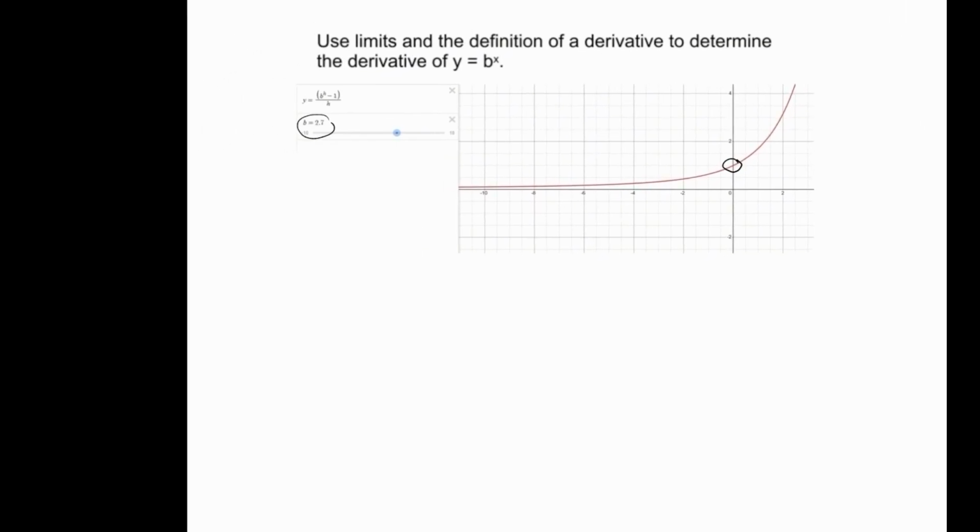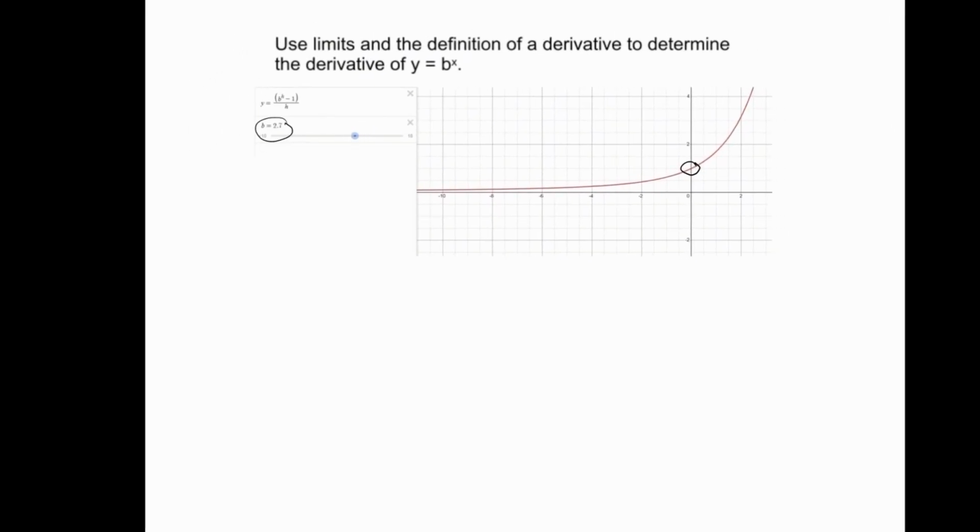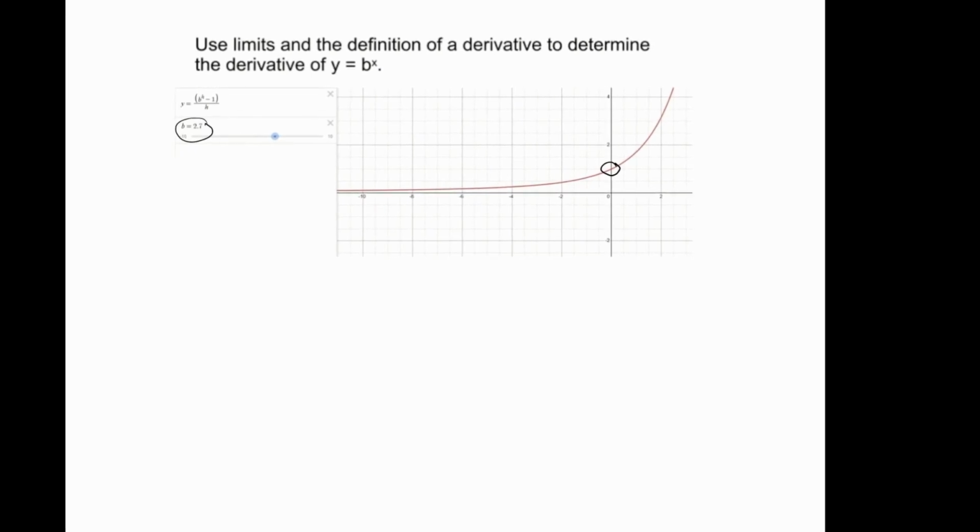So if we look over here, our b value is 2.7, and the slope will equal 1 when the base is about 2.7. If you watched the other video I posted for this lesson, you would know that we're not really looking at 2.7. We're looking at an irrational constant similar to pi, with a value of about 2.7, and that number we're going to call e.